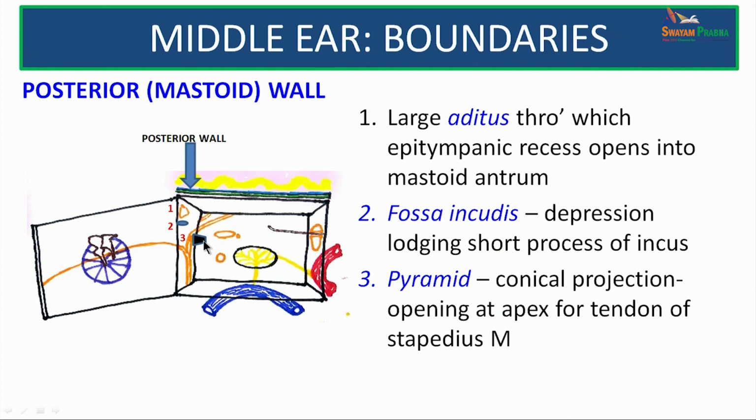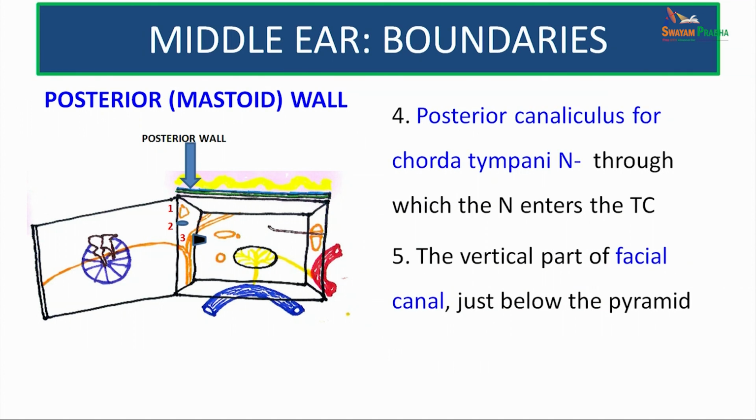This is the pyramid, a small conical projection which lodges the stapedius muscle and nerve, and at the apex of the pyramid it lets out the tendon of the stapedius muscle. Here we have the vertical part of the facial canal which opens out at the stylomastoid foramen.